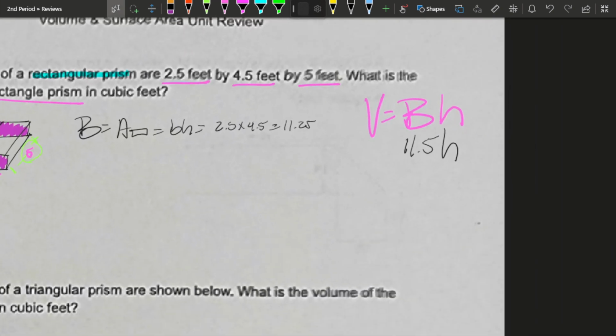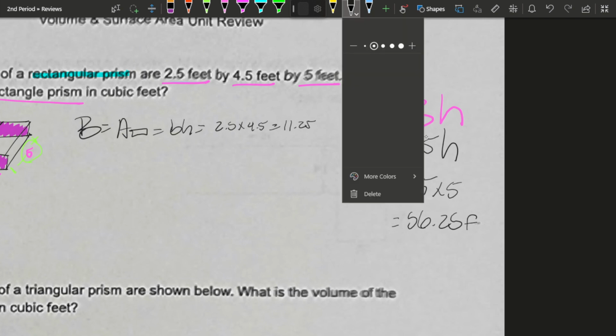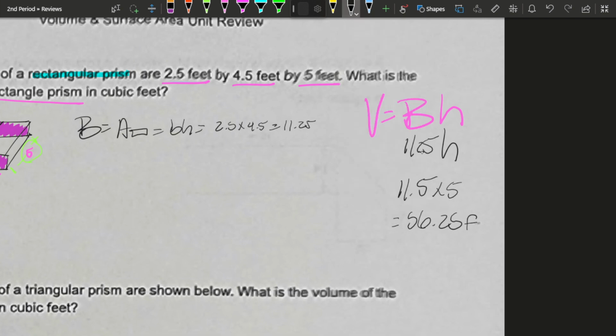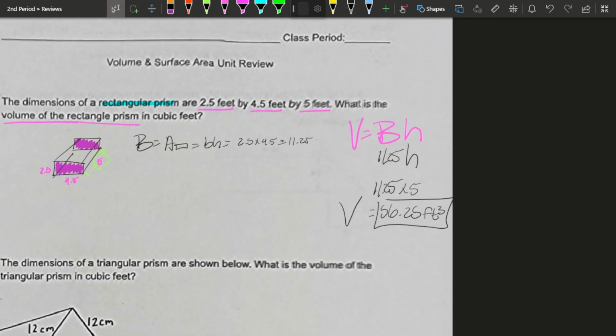So when we multiply this times 5, we get 11.25 times 5 gives us a total of 56.25. Feet cubed. That is my volume. Find the area of the base and then multiply by the height.